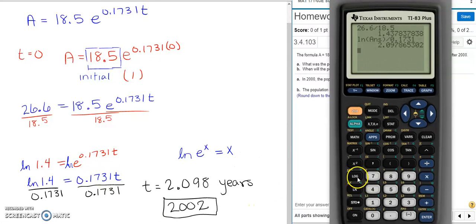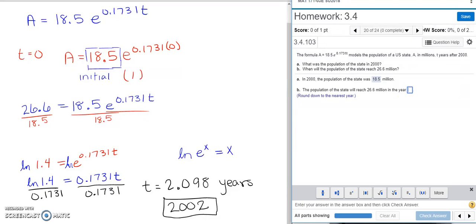So I want you to see what would happen if we had tried to chop off the decimals, okay? If we had just typed 1.4. See how different these answers are, right? You lose accuracy as you chop things up. So the answer is 2002.